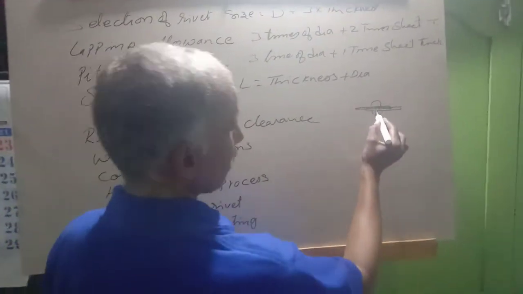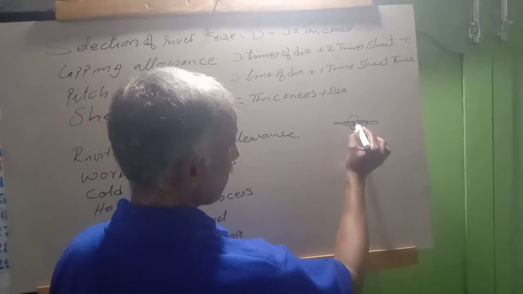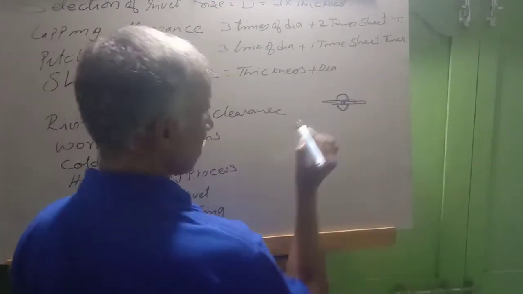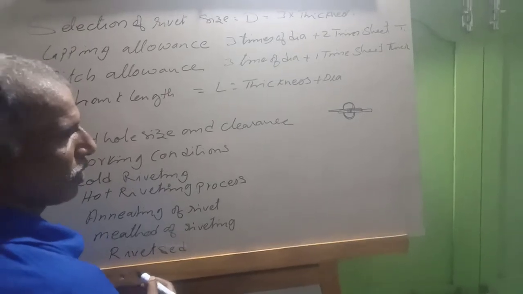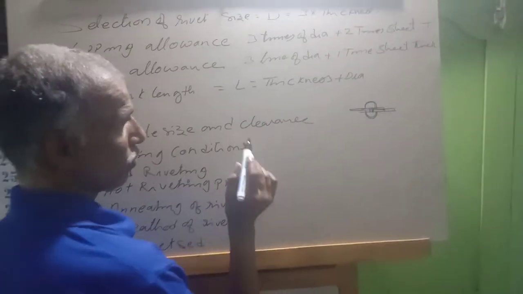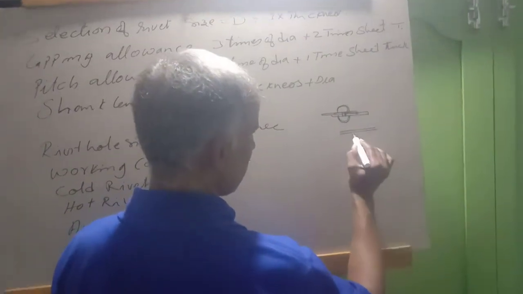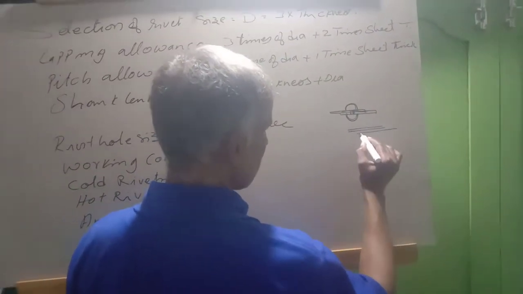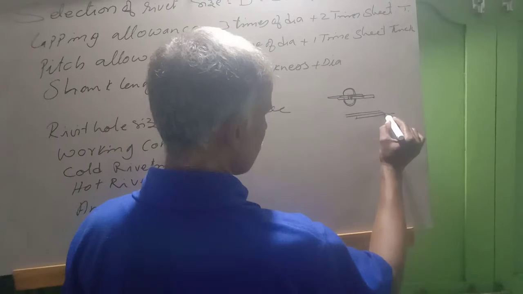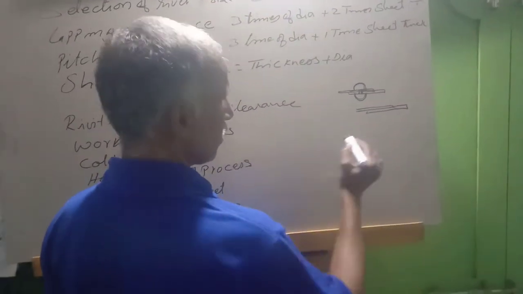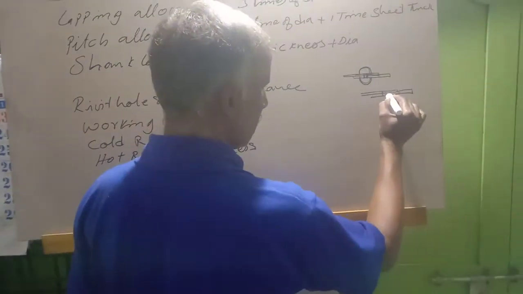The body of the rivet is very thin and the head is very big. To suit perfectly, we have to select the rivet according to the thickness of the sheet we are joining.